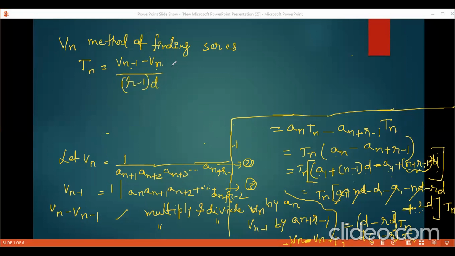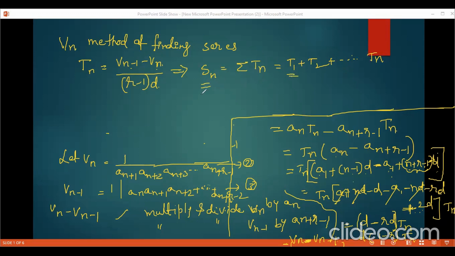Any doubt? Which implies we can write Sn as sigma Tn, right? Sigma Tn means first T1 plus T2 plus so on up to Tn, right? You have to add all the things so that you will get the Sn.